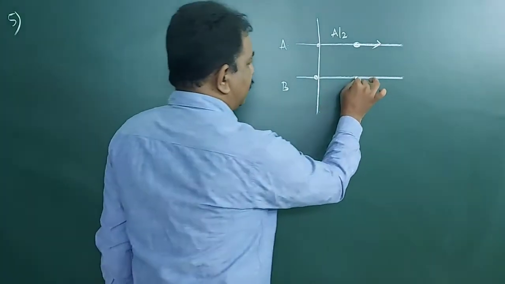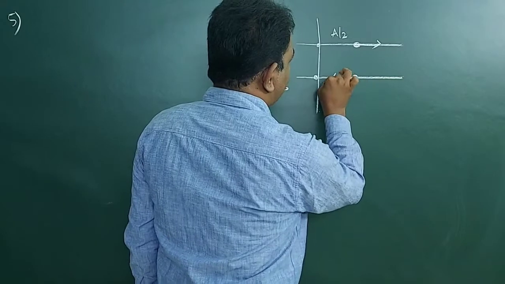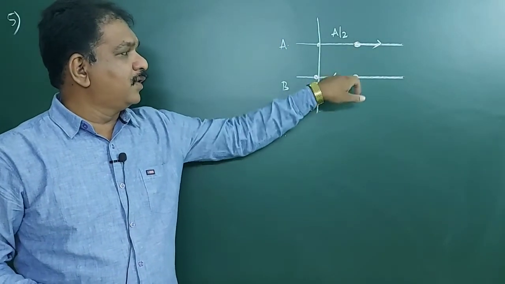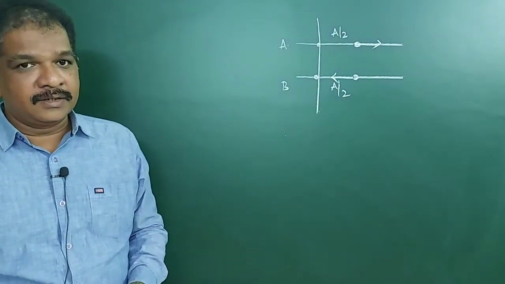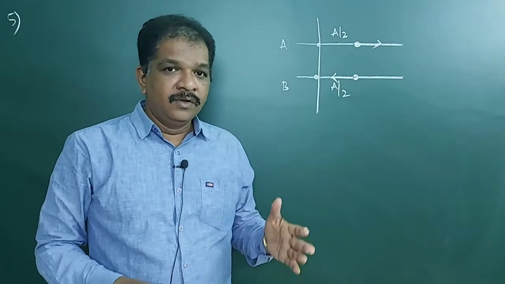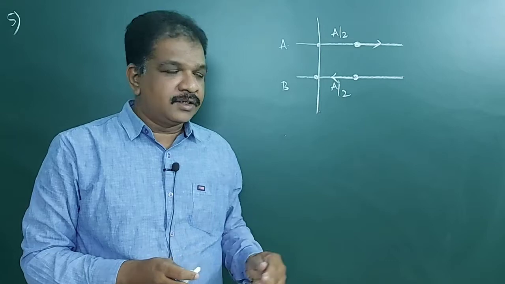Another particle is also at a distance of A by 2, moving like this. What is the phase difference between the two particles? Both are at distance A by 2 only. They met at that position, but they are moving in opposite directions.